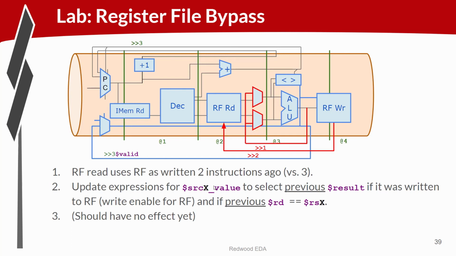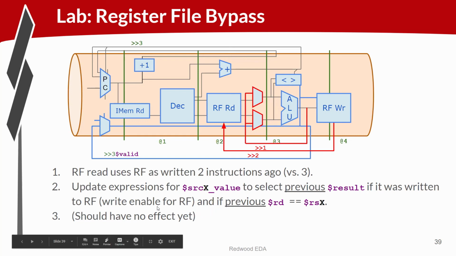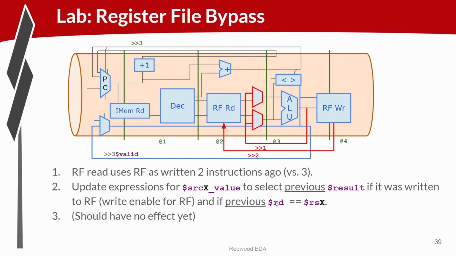So that value now, the source value feeding into the ALU, is going to take this bypass path where it's picking up the previous instruction's result if the previous instruction's result was written to the register file, and the previous destination register, which is the index written to the register file, matches this source register's index.